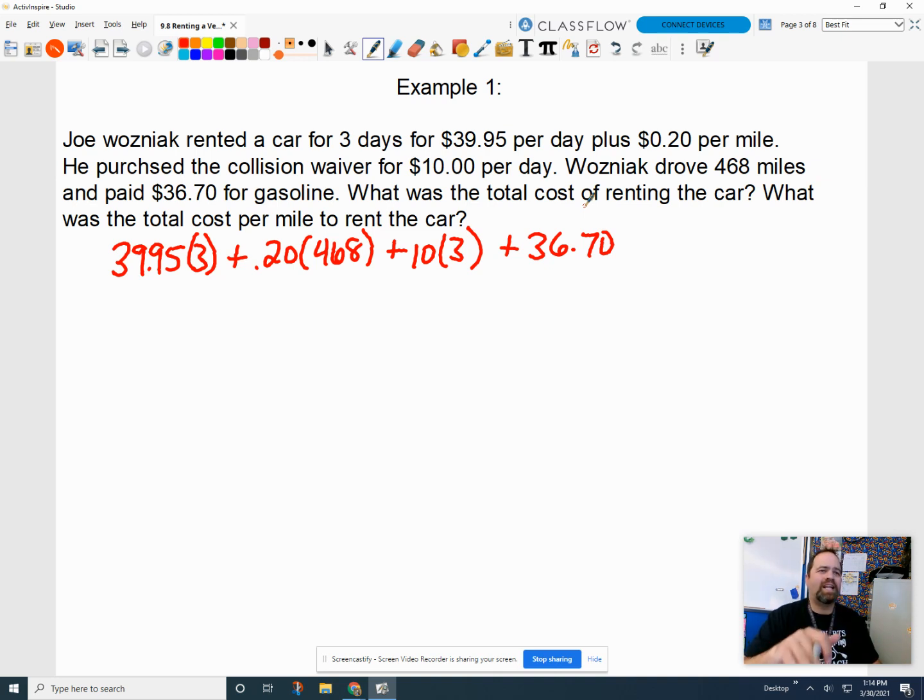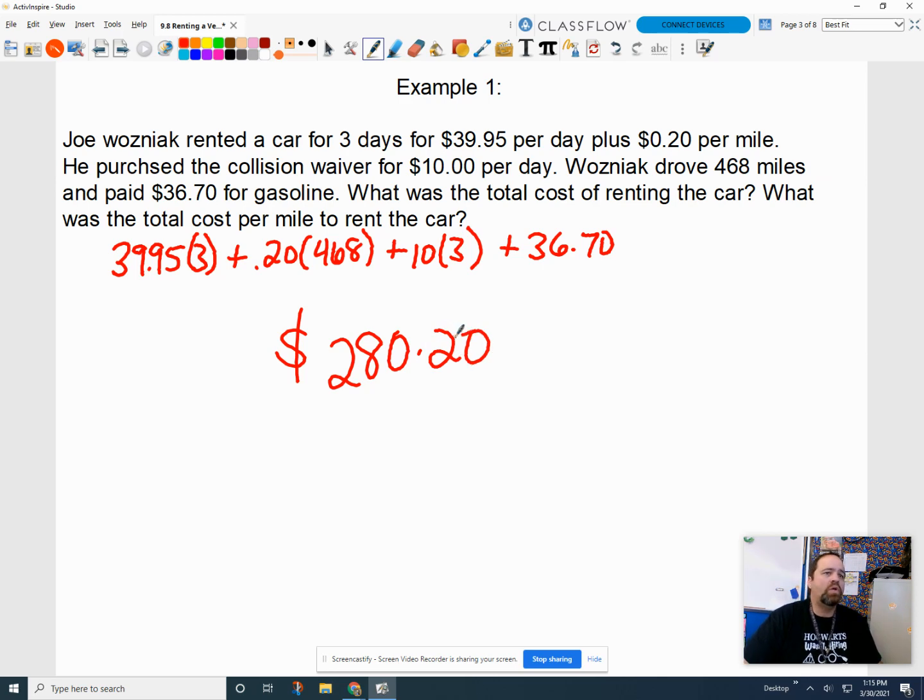Once you get this set up, it should just be a straight type it in on your calculator and you're good. So $39.95 times 3, 20 cents times the 468 miles, $10 for 3 days for the insurance, and gas. So this car cost him a total of $280.20.